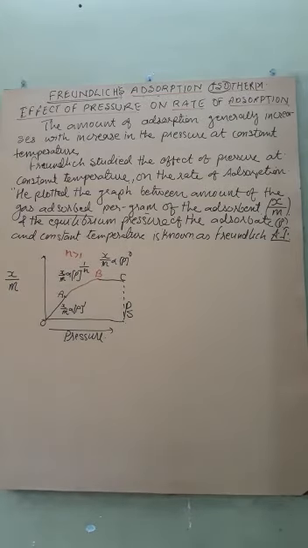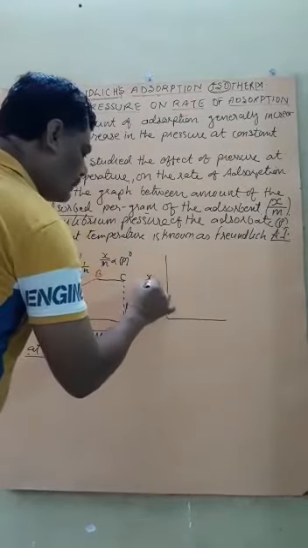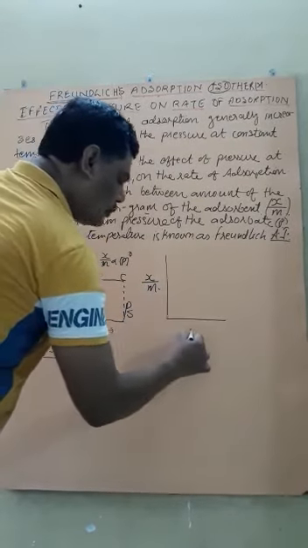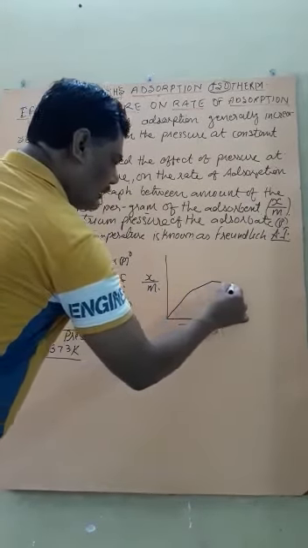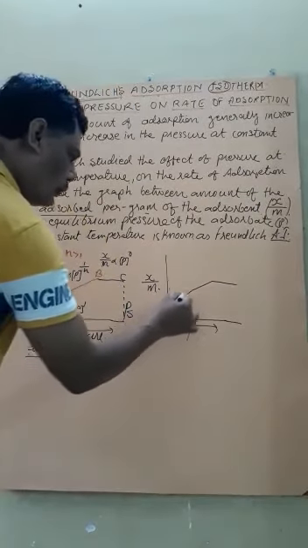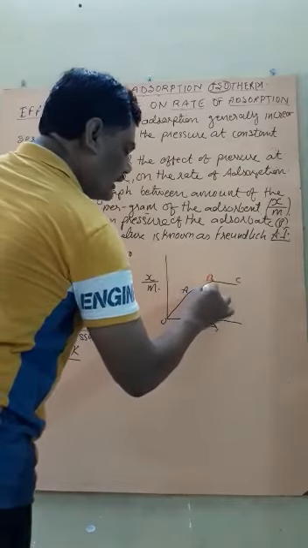Getting? This is at constant temperature. Students, we can also observe this. Suppose it is obtained at 373 Kelvin temperature, that is constant temperature. Now suppose we try to draw the graph at different temperatures, x by m versus P. Let it be obtained like that. Here O, this is A, this is A to B, and this is C, and let the temperature be 373 Kelvin.